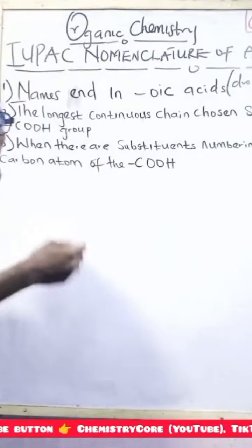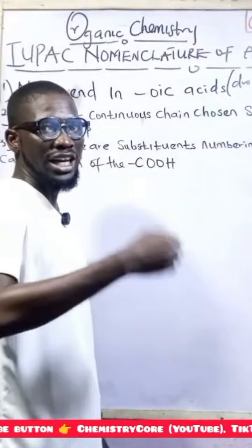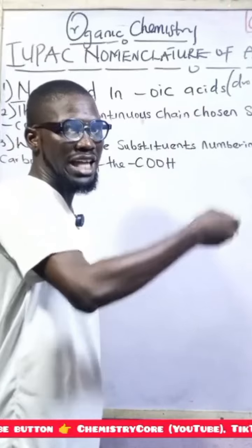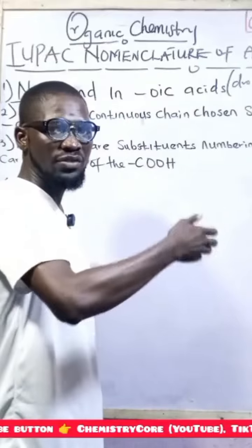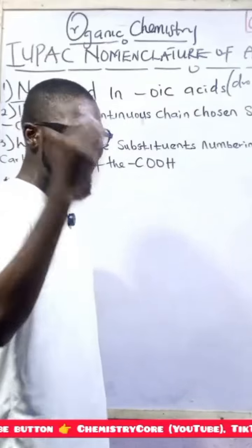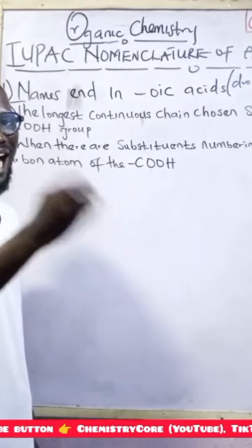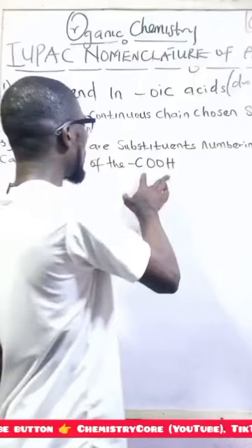That is, if you have to name any compound as far as the carboxylic acid or the alkanoic acid is concerned, you need to consider the continuous carbon chain from where you have the functional group. Is that clear? And the last one is that the subsequent numbering starts with the carbon atom of the functional group.